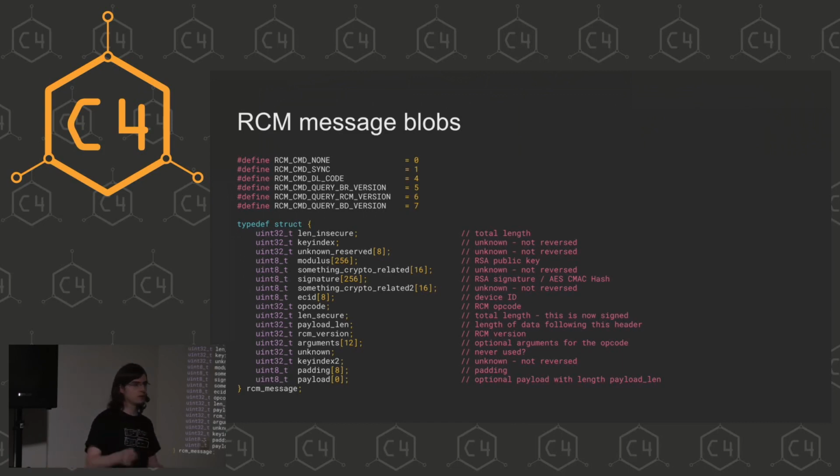If you have an entry point that's maybe not in the beginning of the code, but farther out, you can specify that here in the arguments, and it jumps there. And something, I don't know, it's most likely never used, some key index crypto stuff, I didn't look at it, didn't reverse it, some padding, and then follows the payload. Then the payload follows. That has a length described, as I said, by this field.